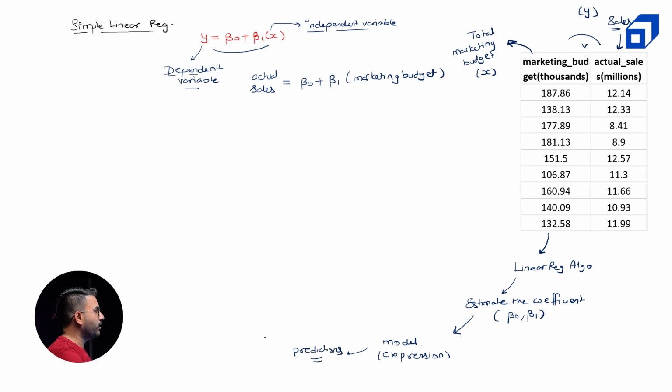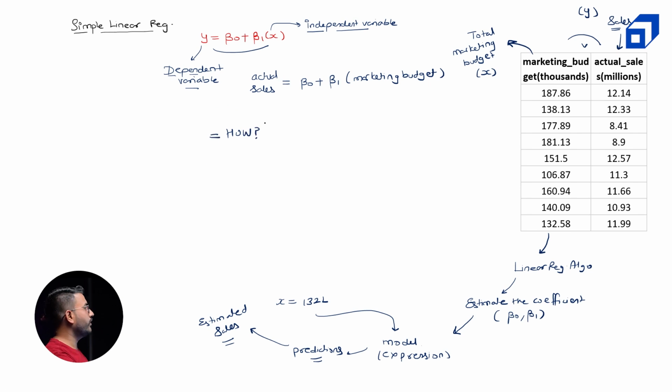So if I have a particular marketing budget, let's say 132 lakh, then if I provide this value to this expression, this expression can help us with the estimated sales. Now this is what is going to happen. But the major question is how linear regression is going to estimate these coefficients, beta naught and beta 1.